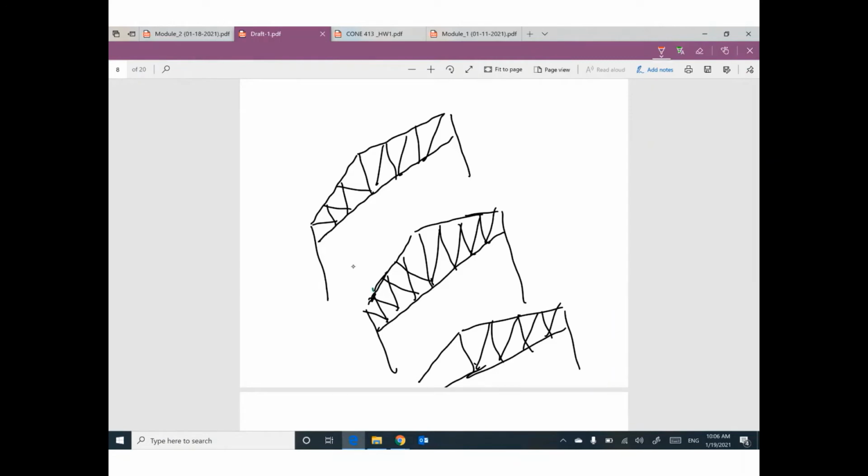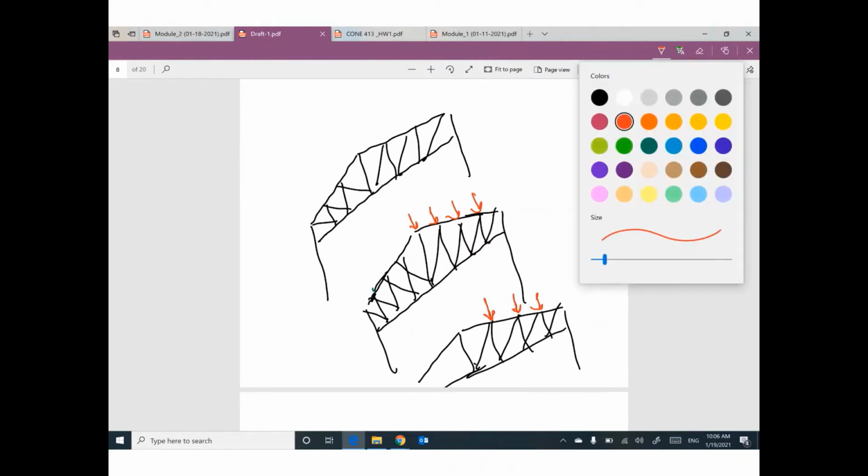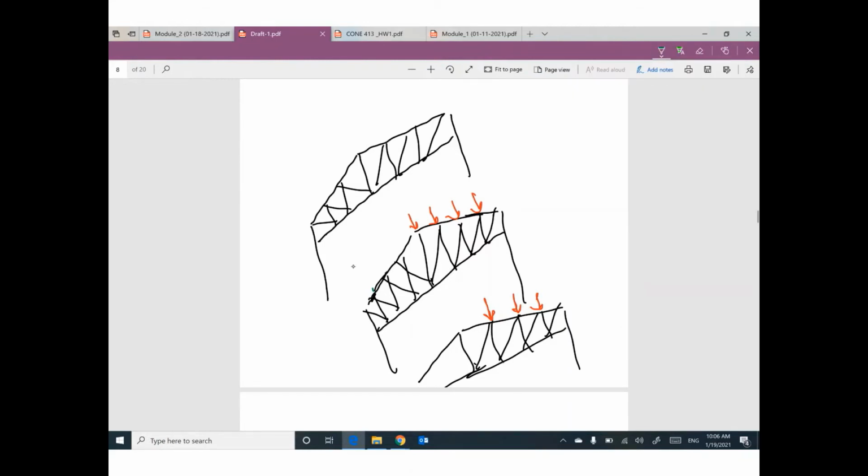And we need to convert the dead load to concentrated load at each joint of the truss. Can you tell me what is the area assigned to this joint?